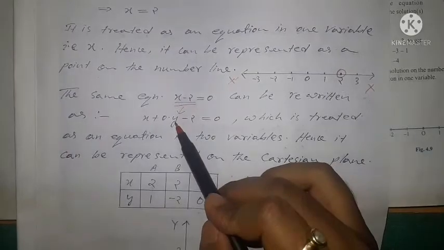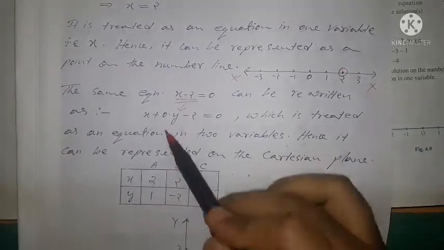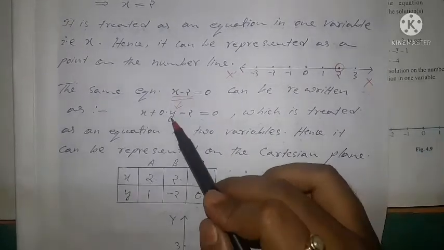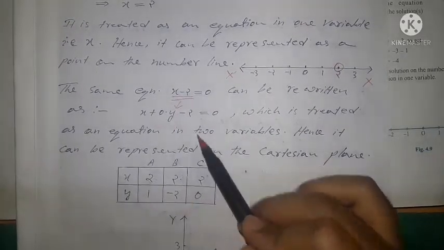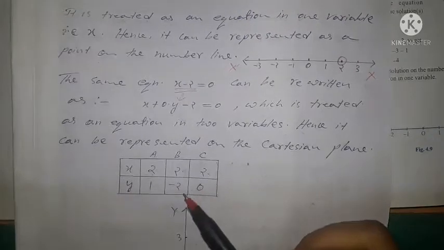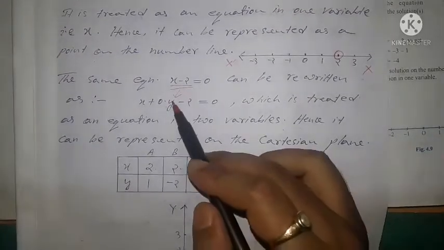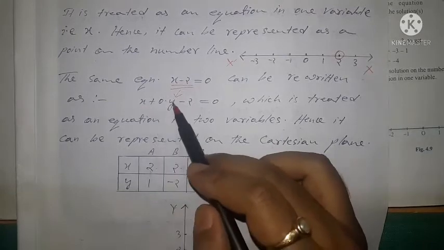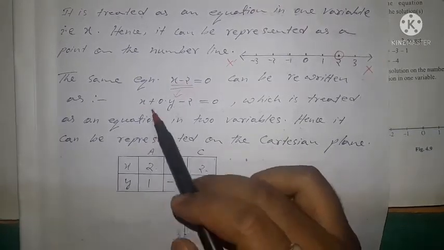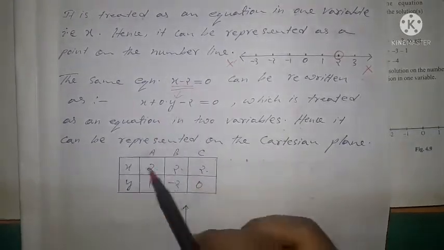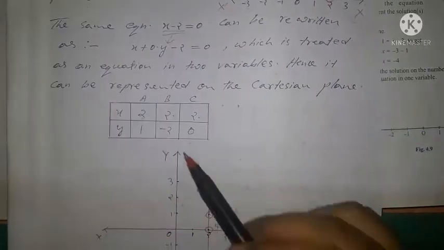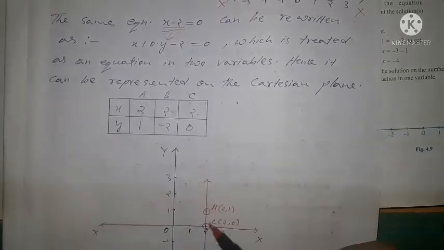Again, if we take y as minus 2, it becomes 0, so the value of x remains 2. If we take 0 here, again the value of x remains 2. So no matter what value we take in place of y, that term becomes 0, and the value of x remains the same, that is x equals 2.